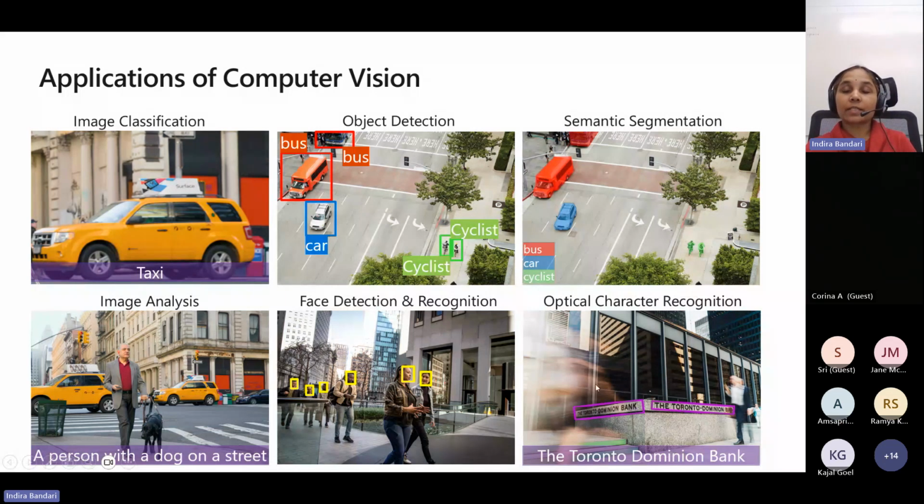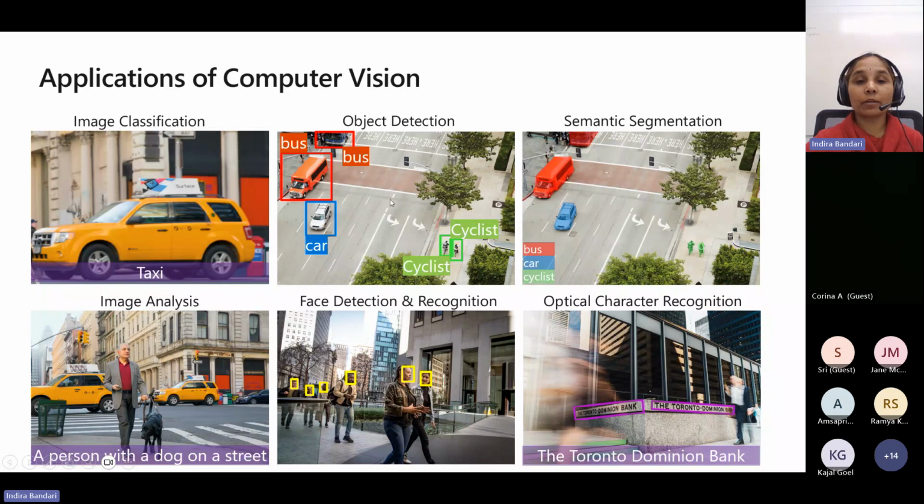If there is any text in the image, it will get that, and then it will say that this is the text that is there in this image. So this has the Toronto Dominion Bank. So that's what it has identified. So that is what is called OCR. OCR means optical character recognition.